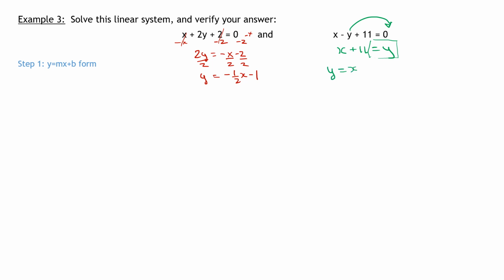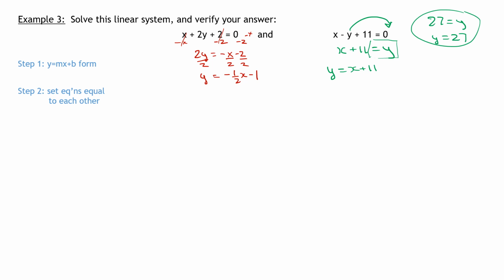Y equals x plus 11. The theory behind that is if I said 27 equals y, that's the same as saying y equals 27. These two are the same. So I don't have to make anything negative if I'm picking up the equal sign along with the y. So these two equations are now set up into y equals mx plus b form.